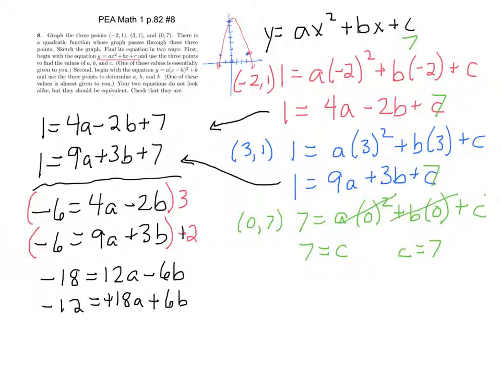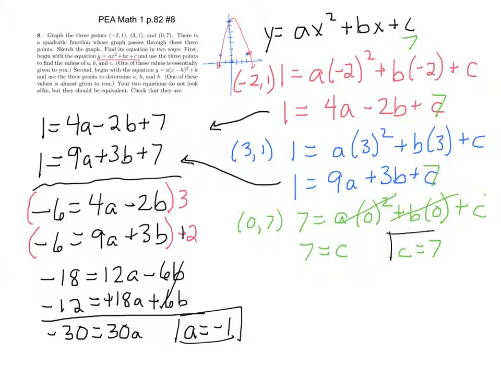And the reason I want to do that is I want opposites there. So when I add them, I get -30 = 30a. Everybody see what happens here? These cancel. So what does a equal? Negative 1. So we already had c equal to 7, and a equals -1. And so I could substitute those back into any of these equations. It doesn't really matter. I'll use this equation right here.